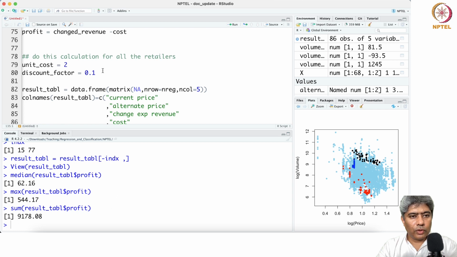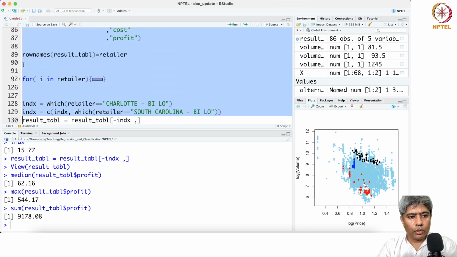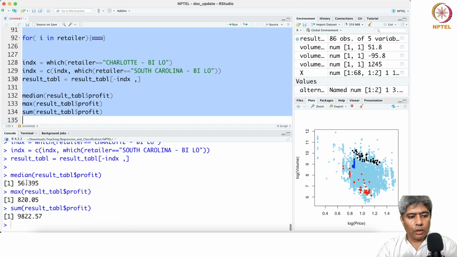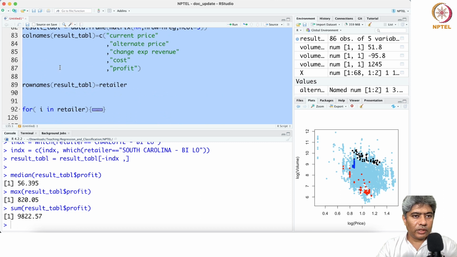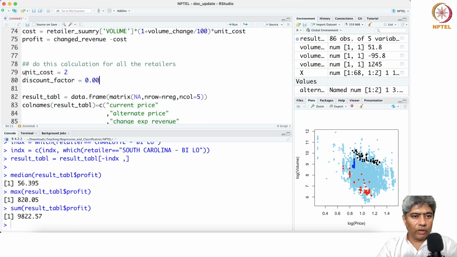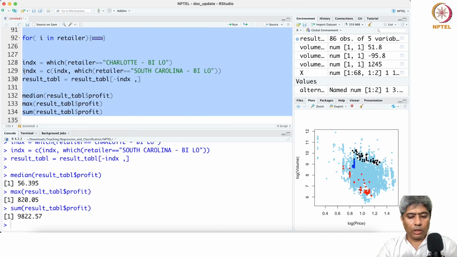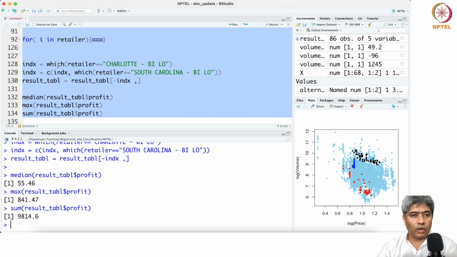Now if I give a 1% discount, then median profit is 56. Let me just start with no discount. So I'll not give any discount. At the current price, my median profit is 55. Max I can earn is 841 from one particular retailer, and total profit can be expected to be $9,814.